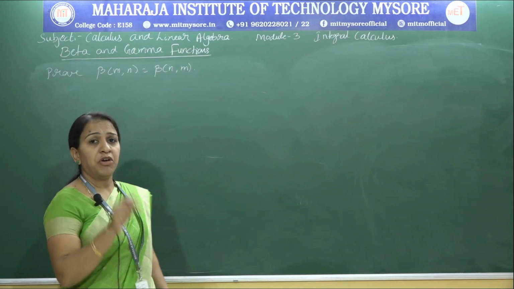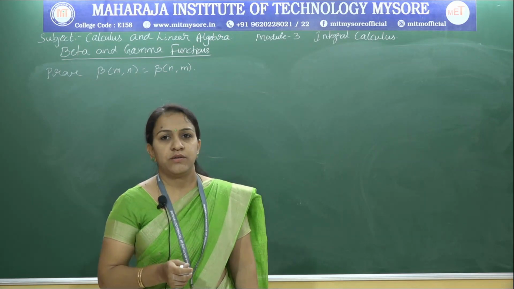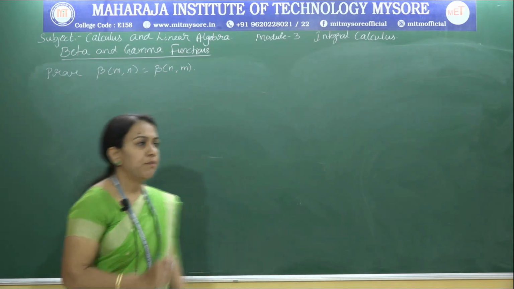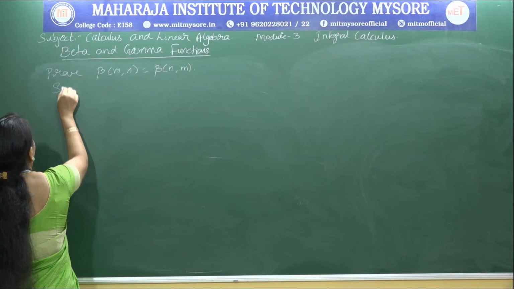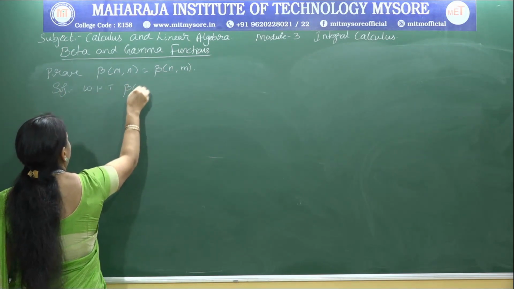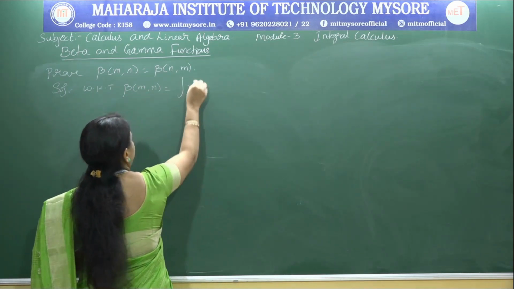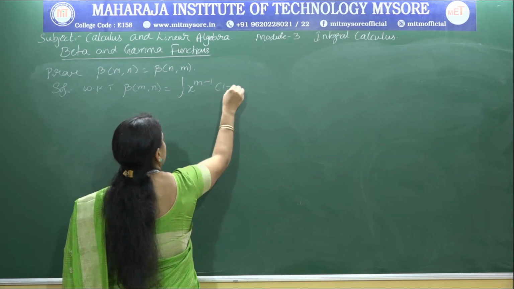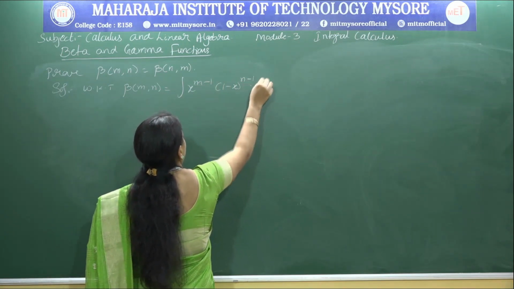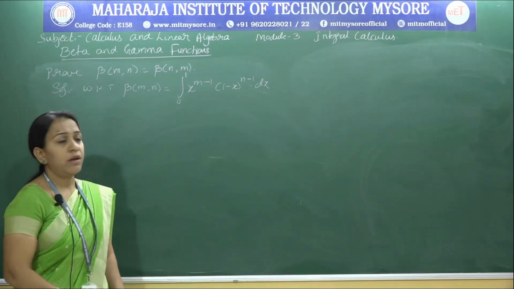That means even if I interchange m and n, the beta value will not change, right. So how to get that? We know the definition of the beta function: beta m comma n is equal to integral x power m minus 1 into 1 minus x to the power of n minus 1 dx between the limit 0 to 1, right.